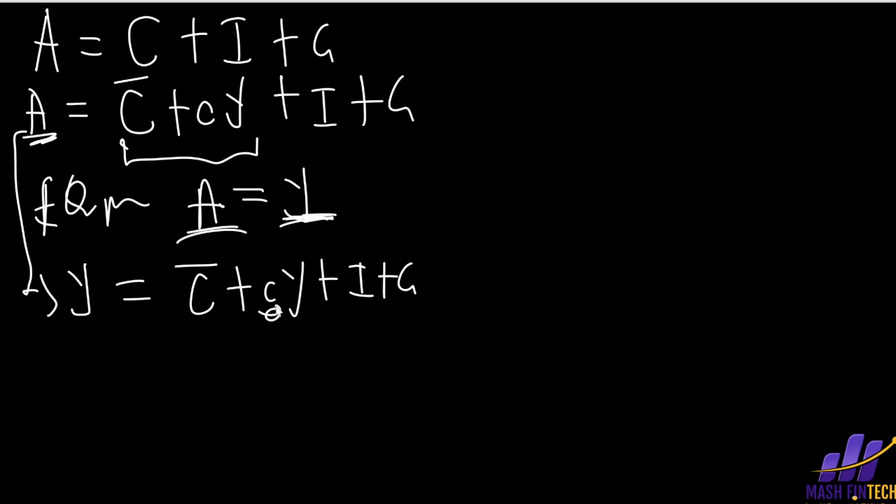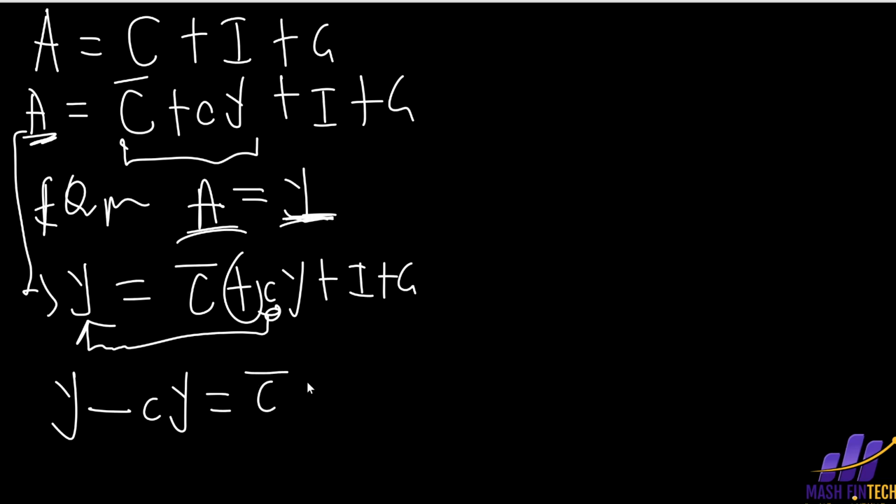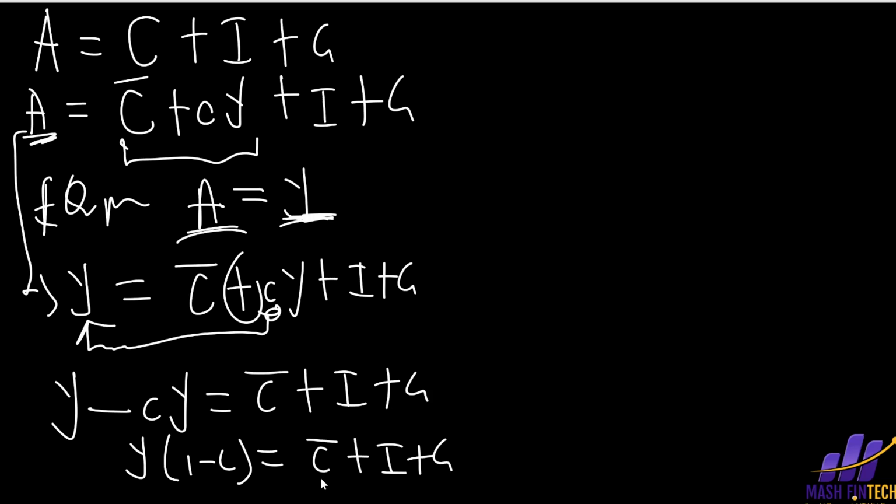We put the like terms together, which means we move this to the other side. So this becomes a negative. You know that, I mean, maths 1 or pre-maths. You subtract C times Y. Autonomous consumption, investments plus government spending. You take out the Y. So Y times 1 minus C is total autonomous expenditure: autonomous consumption, investments, and government.